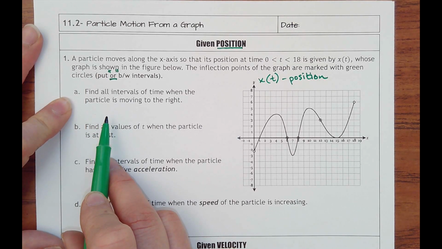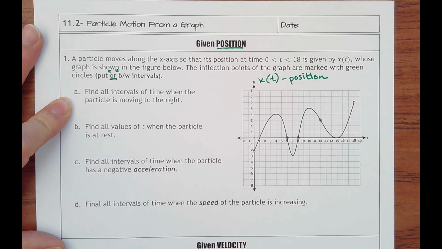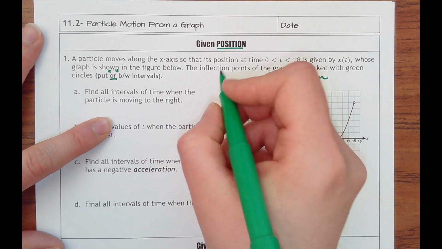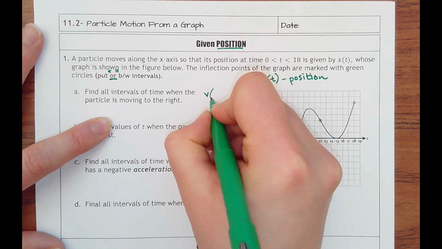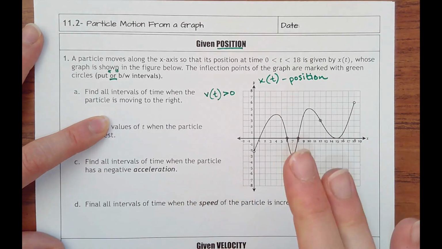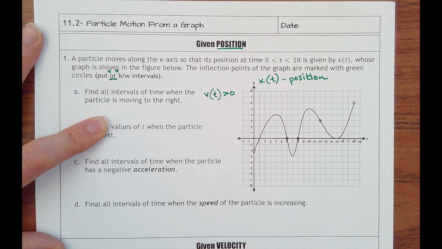Part A says, find all intervals of time when the particle is moving to the right. I know that particles are moving to the right when the velocity is positive. And this is not velocity, this is position. But remember that velocity is just the derivative of position.